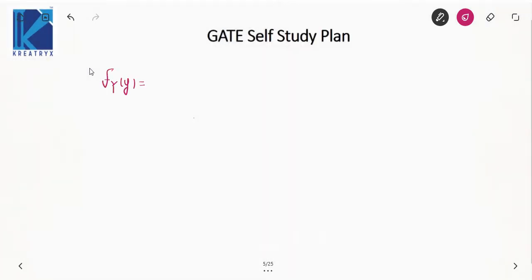So fy of y becomes 1 upon under root 2 pi a square sigma x square e power minus y minus b minus a mu x whole square divided by 2 a square sigma x square.